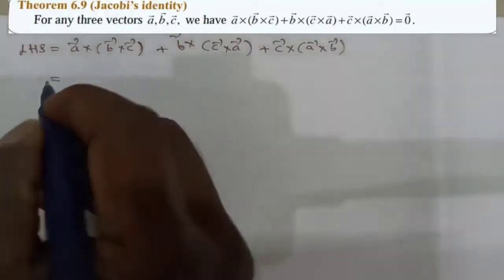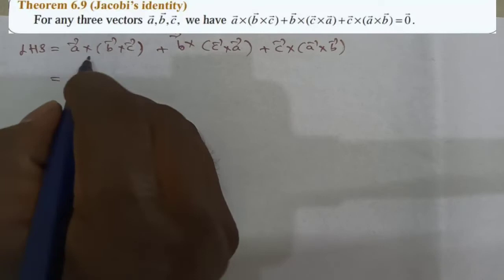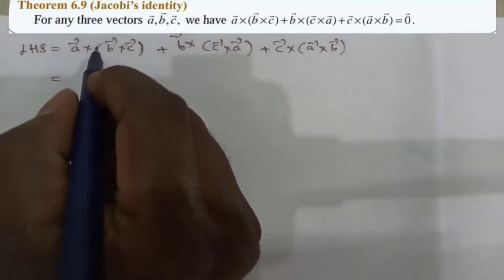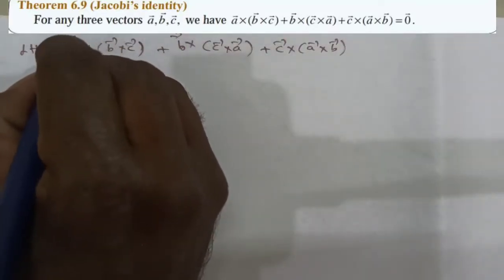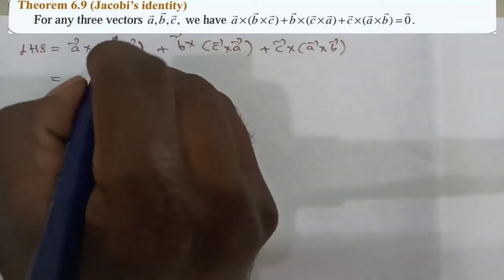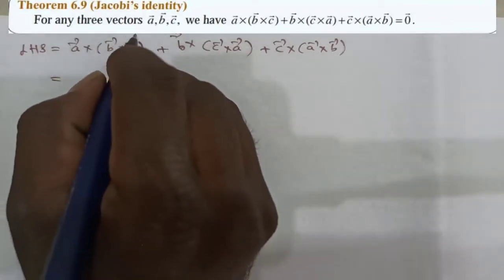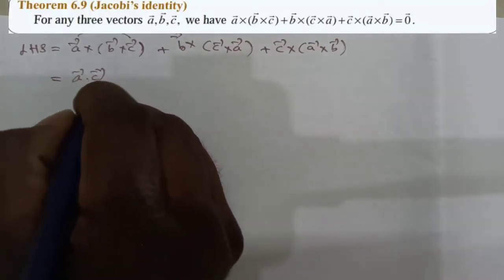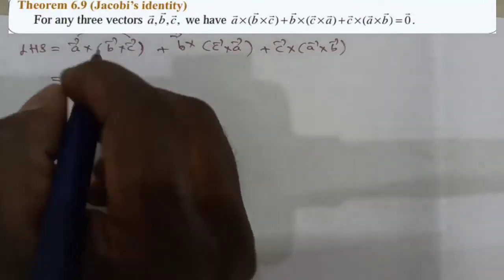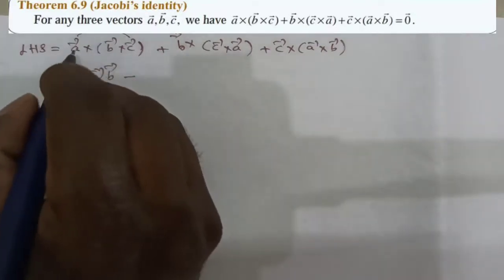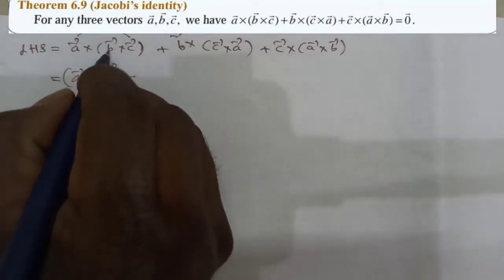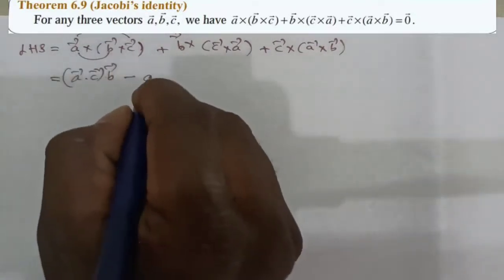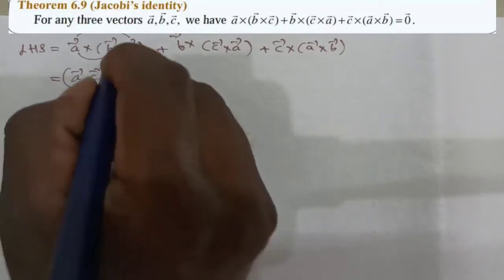We know the expansion of a vector triple product. How to expand it? The first element is the outer element, taken with the last element, the longest distance. So A vector dot C vector into B vector. Minus, the next outer vector with the lower element inside the bracket, that is A dot B. So A vector dot B vector into the remaining vector C vector.